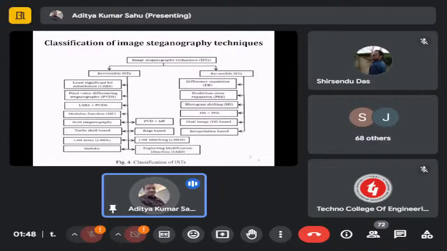And also we have red, green, blue, RGB steganography. And then we have turtle shell based steganography. We have LSB array, LSBA, Sudoku based, and we have a combination of both PVD and modulus function, PVD plus modulus function steganography.